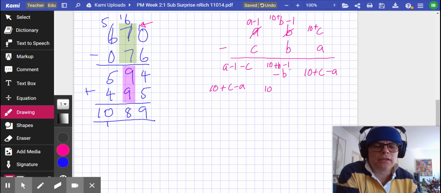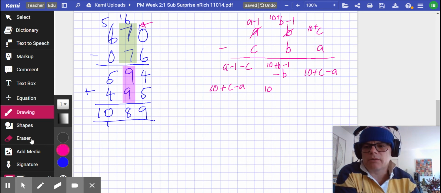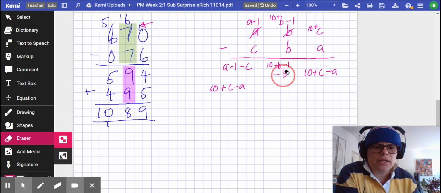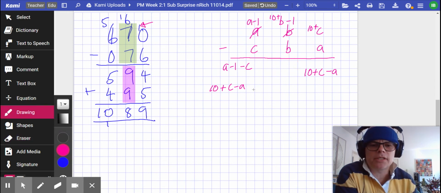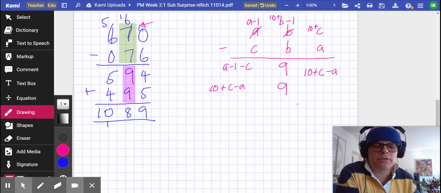That's equal to 9. Wow. So 10 plus B minus 1 is just the number 9. And look at that. That shows us exactly where that digit 9 comes from. So reversing that, and then this will go over here by reverse.